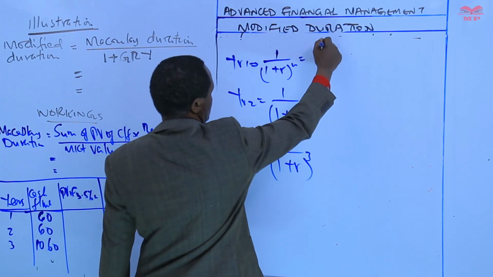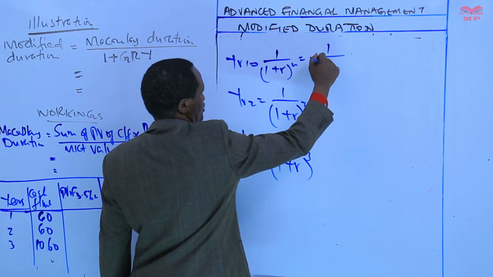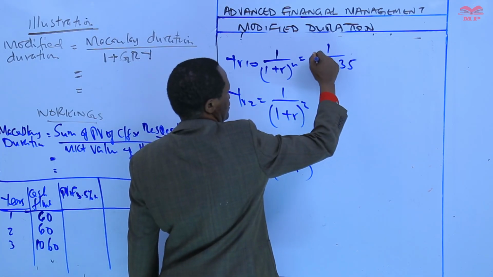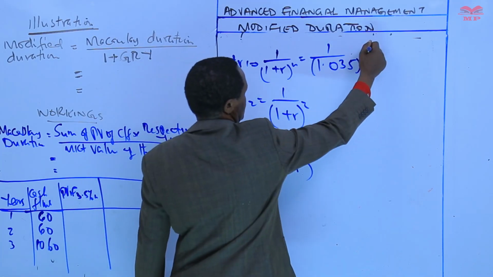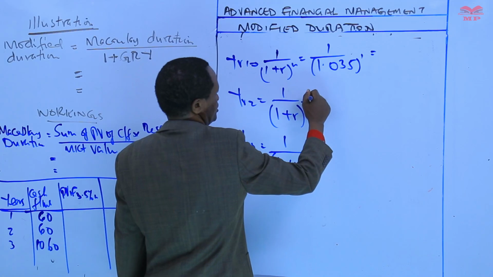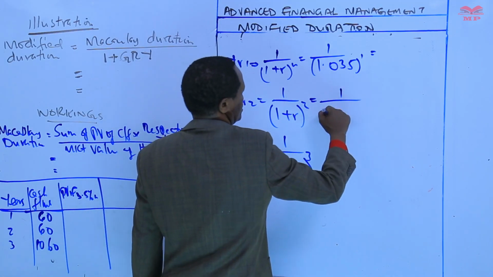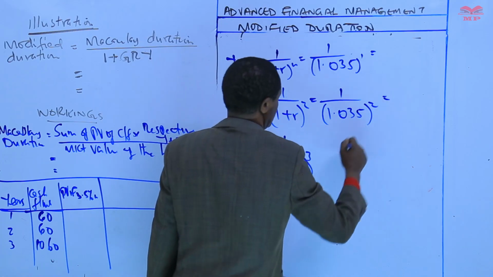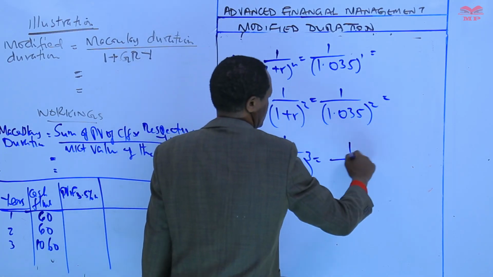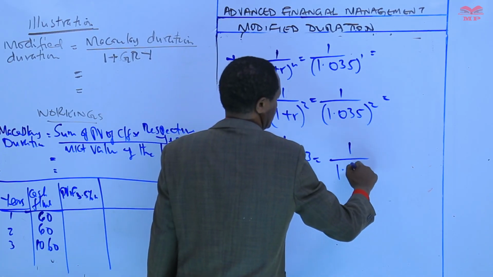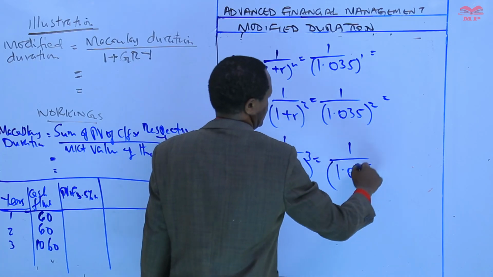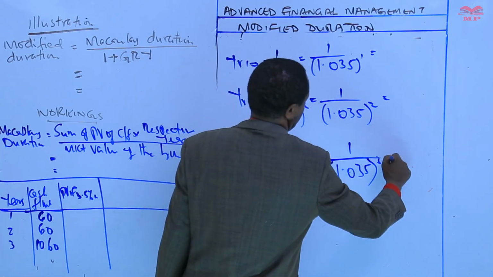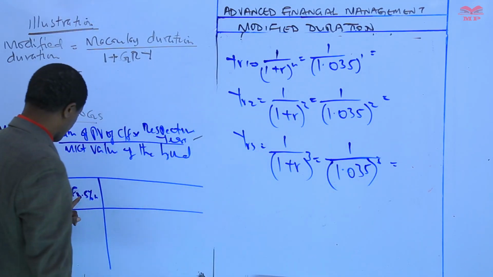So this will be equal to 1 over 1.035 raised to 1. Year 2 will be equal to 1 over 1.035 raised to 2. Year 3 will be equal to 1 over 1.035 raised to 3. These are the present value interest factors.